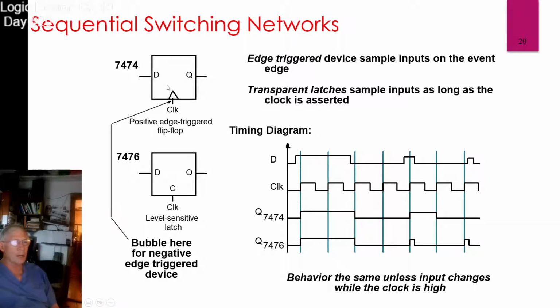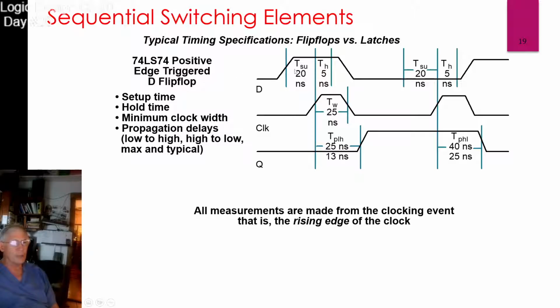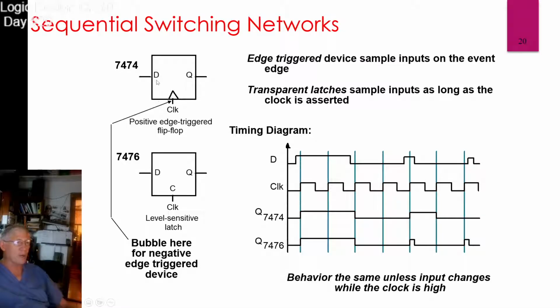And we do have these constraints on our D. We have some setup time and hold time requirements, but other than that, D only takes effect at that active edge, assuming that the hold time and setup time are met.